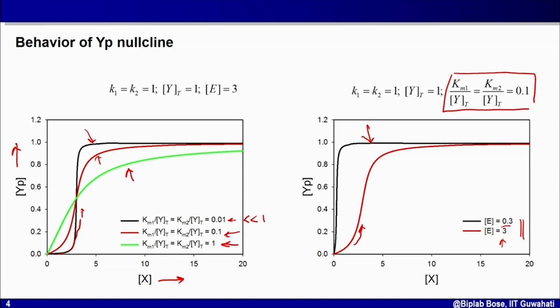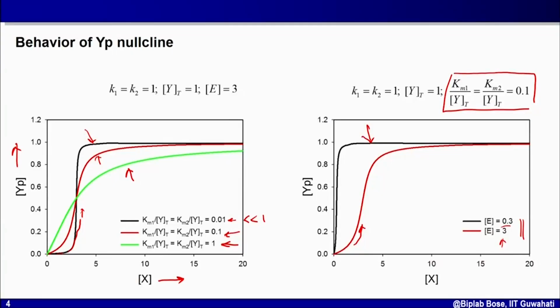So you can see the Yp nullcline will have sigmoidal to hyperbolic behavior depending upon the ratio of Kms to the total amount of Y present in the system, and also depending upon how much phosphatase you have in the system.